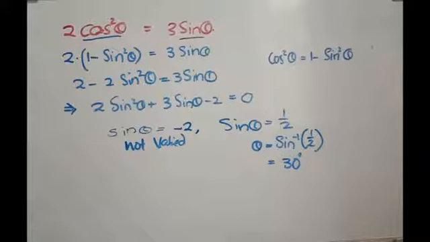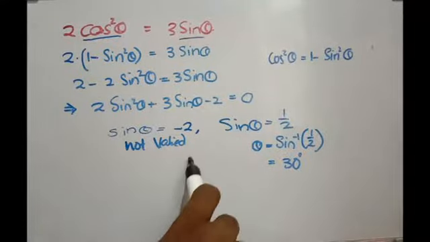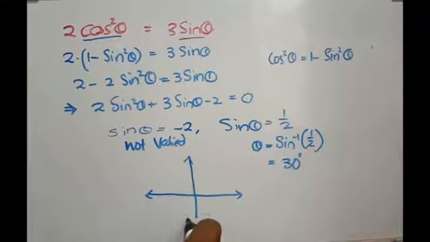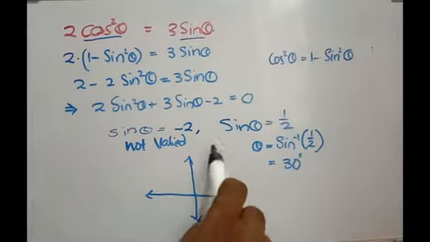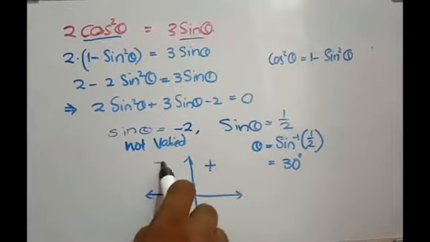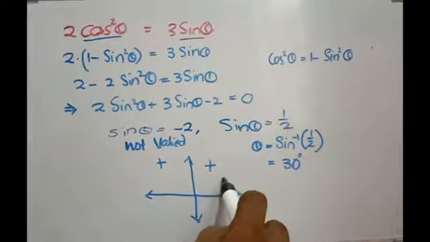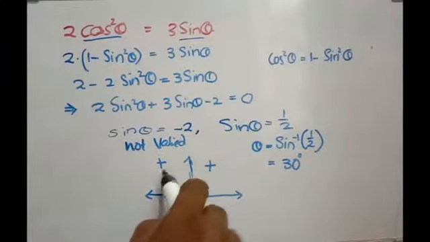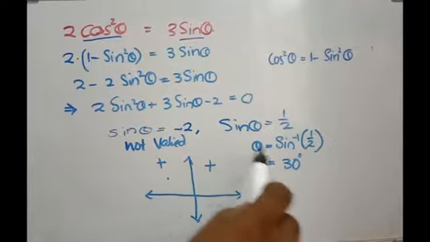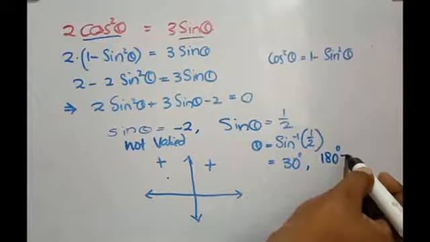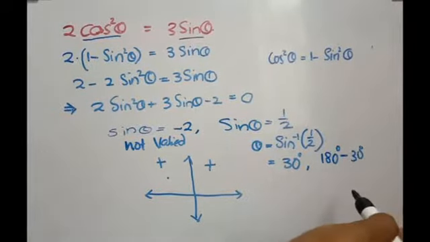Now we have to find all the possible values from 0 to 360 degrees. For that, let's consider the graph where sine is positive. Sine is positive only in these two sections. Already we got the basic angle or reference angle as 30 degrees. Now we want the angle in the obtuse region. How do you get this one? Yes, 180 minus 30 degrees.